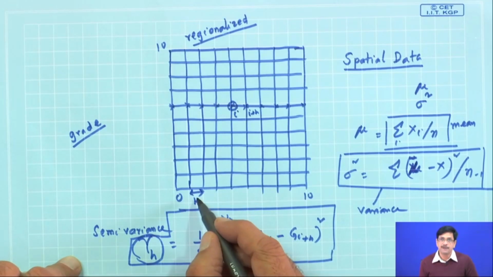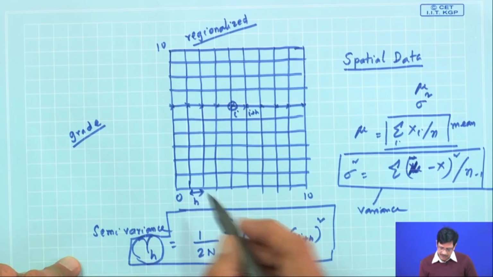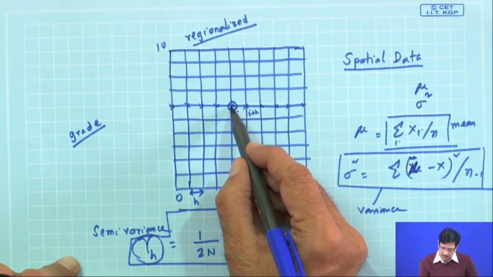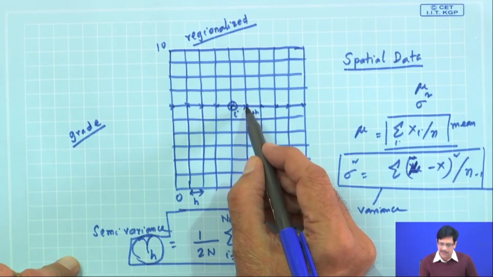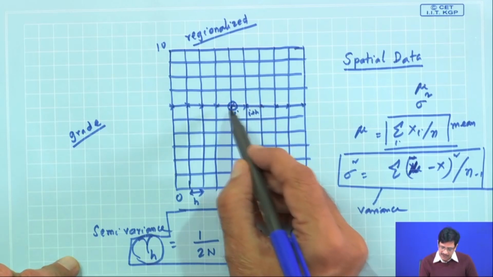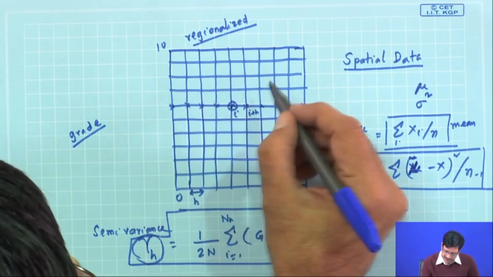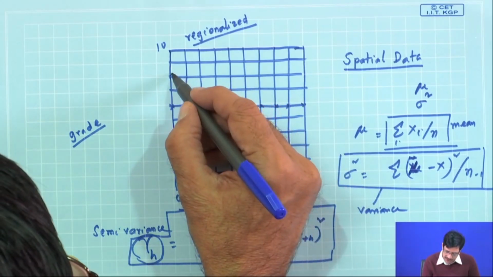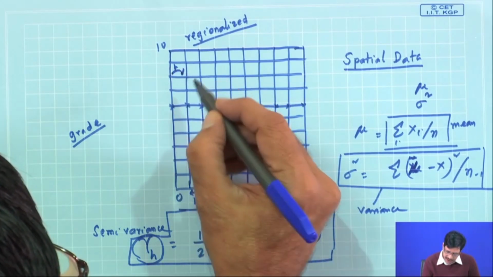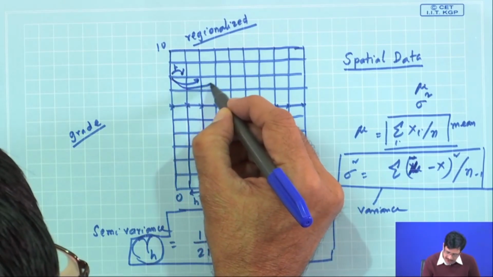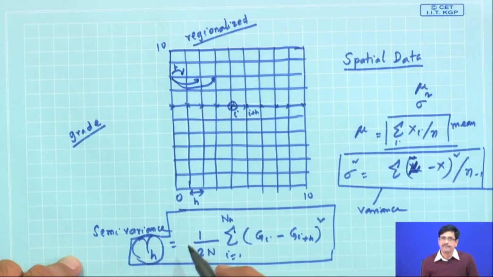So, it can be thought of in terms of multiples of h. For example, this point is away from this point by a distance h, this point is away by a distance 2 h, this point is 3 h, and so on.